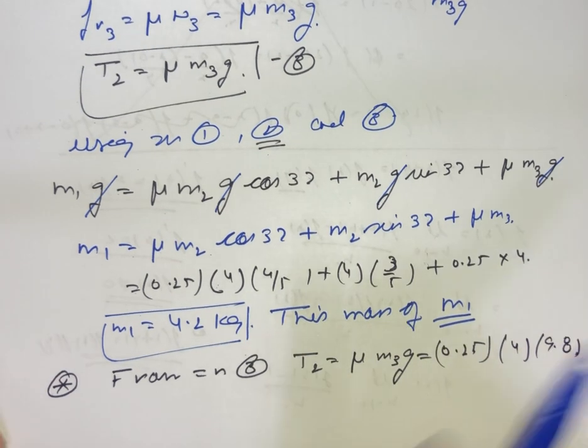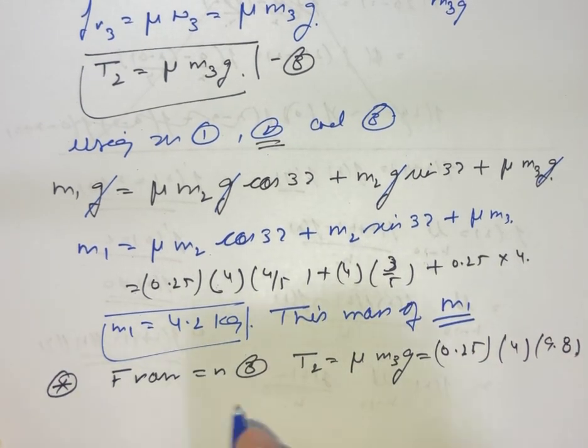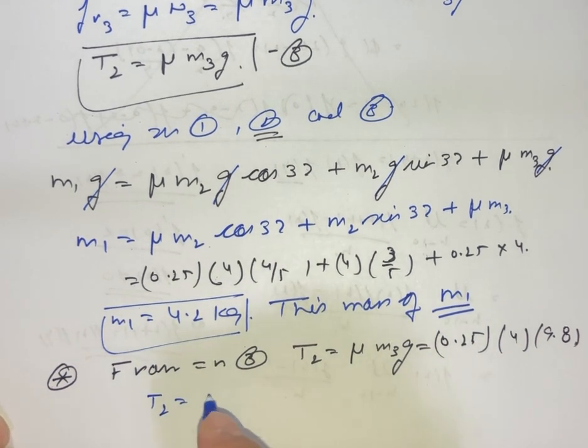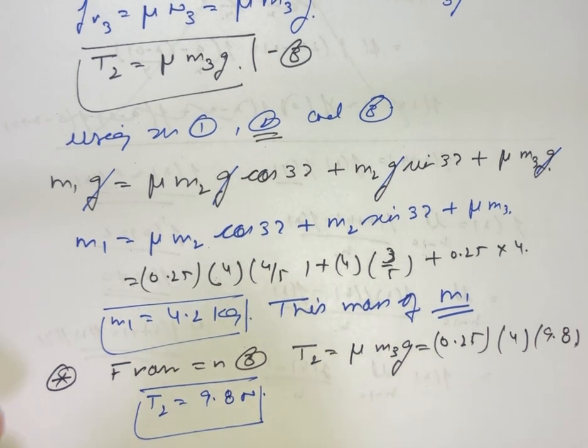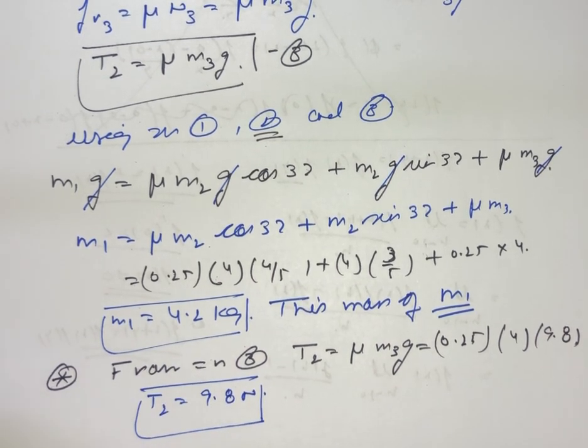So we can say that T2 will be equal to 9.8 newtons. So this is the tension in the horizontal portion of the string.